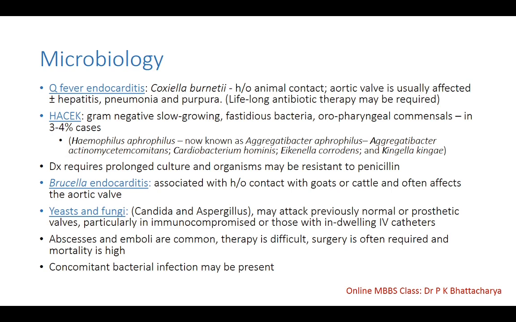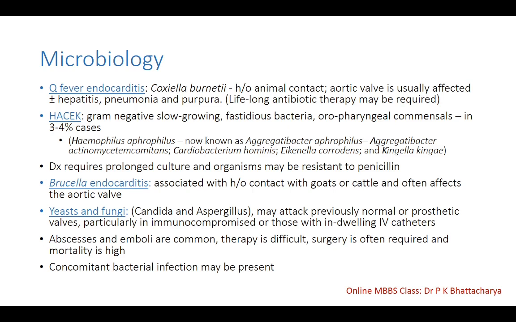So these are the organisms which are acronymed as HACEK. These oropharyngeal commensals may sometimes produce infective endocarditis. Usually they are not so virulent, but it has to be kept in mind. The only problem is they require a prolonged culture so that the organisms can be found to be positive, and they may be resistant to the penicillins.